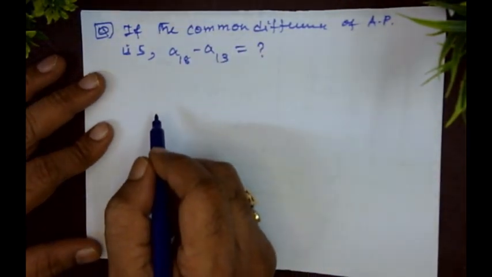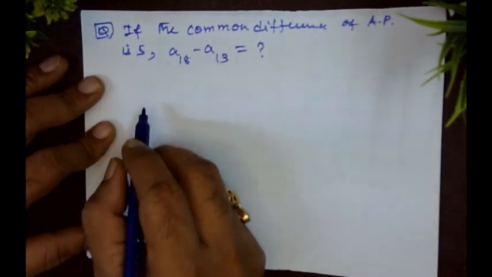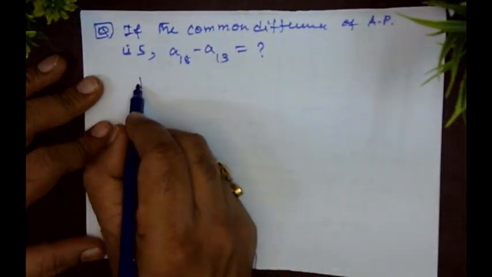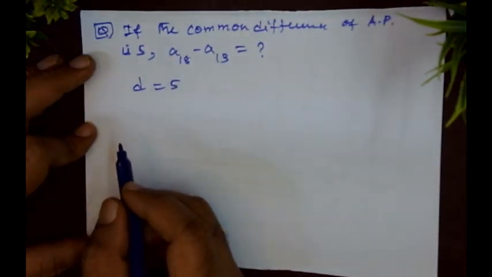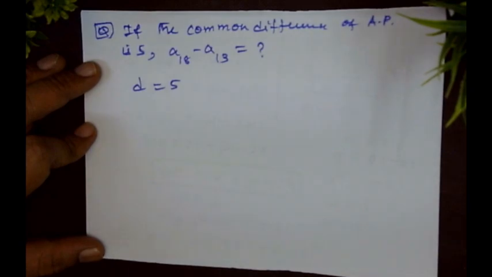This is the question. See, the common difference is nothing but d is equal to 5.